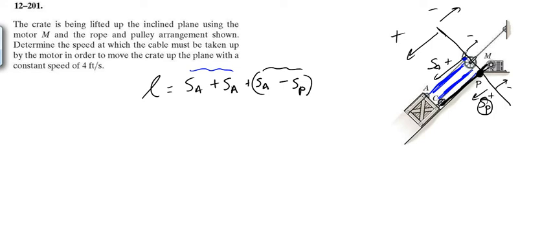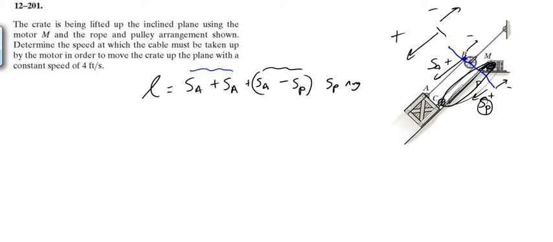The reason it's SA minus SP is because the total length of this section of the rope has to be positive. SP in this case is a negative number because you're winding this rope, and so minus a minus gives you a plus.